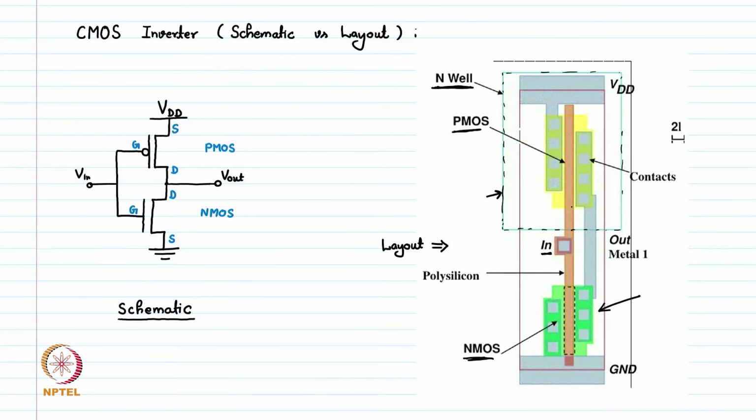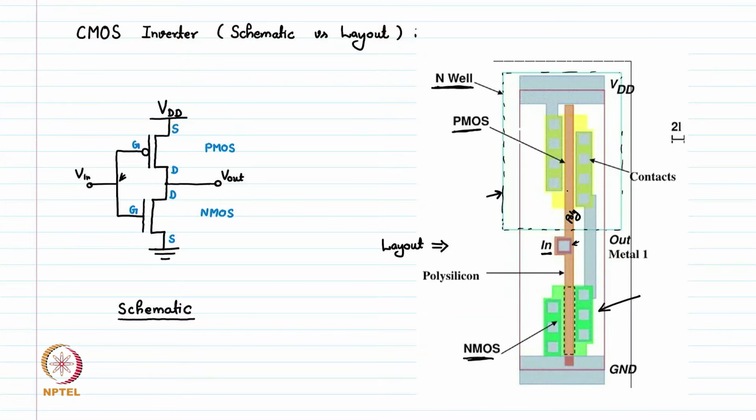Now if we see, this red is the poly or the polysilicon which runs from this input node to both of the devices as a gate. So this terminal we are looking at here is the input terminal, and this poly is this connection going to both of them as a gate.